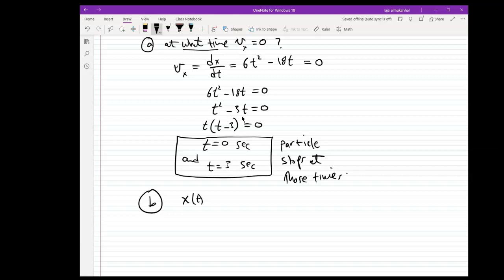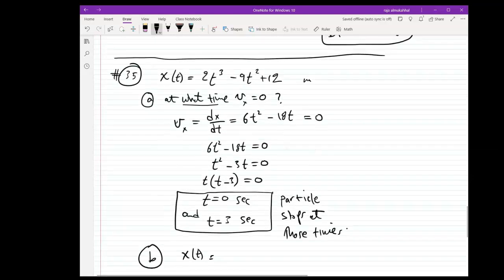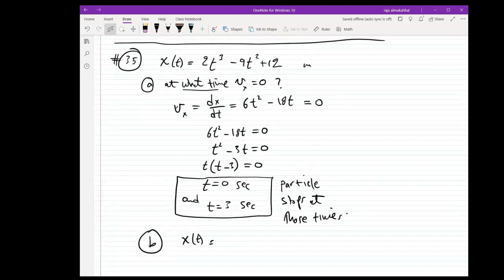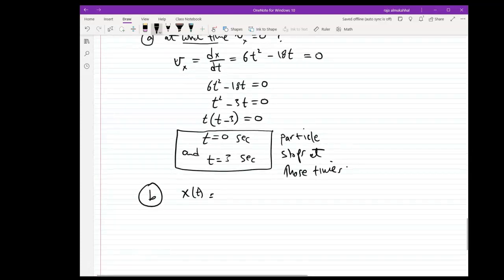We are given x of t. It's right here. So I'm going to write it down again. So I have here 2t cubed minus 9t squared plus 12.